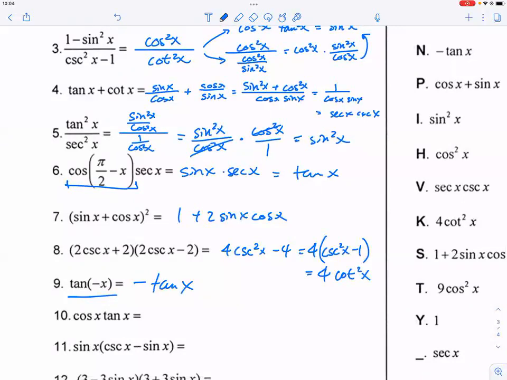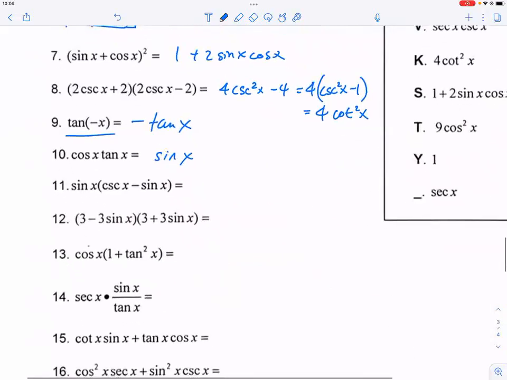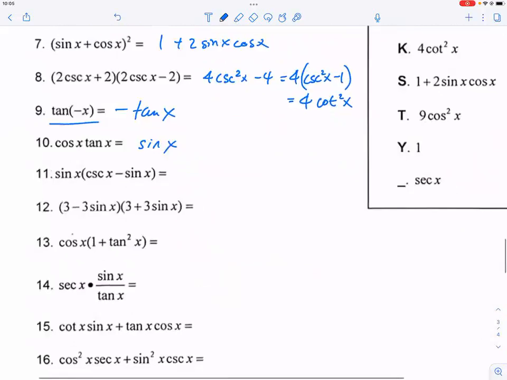Number 10 should take you less than 2 seconds to do. You just have to see it like, wow, really. Let's see, for number 11. If you distribute it, you should see this, and therefore it becomes cosine square x.